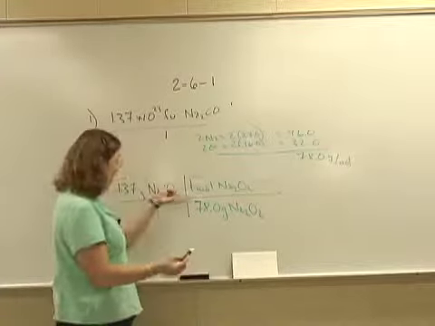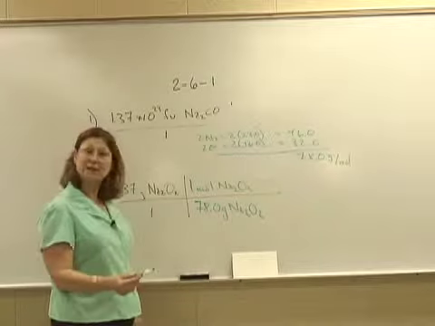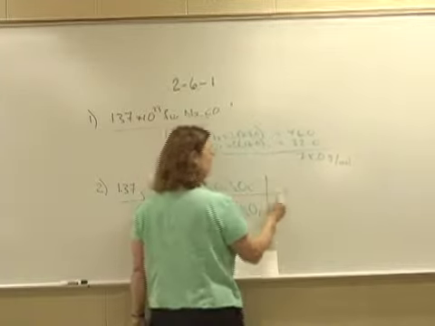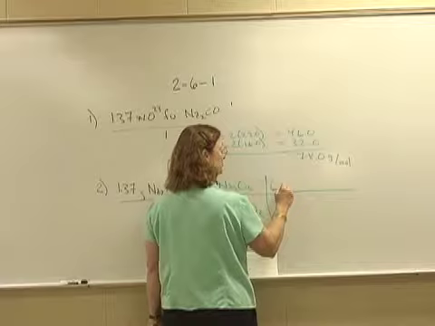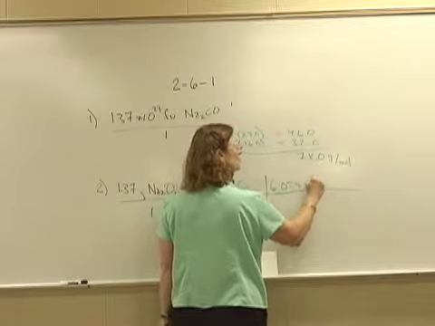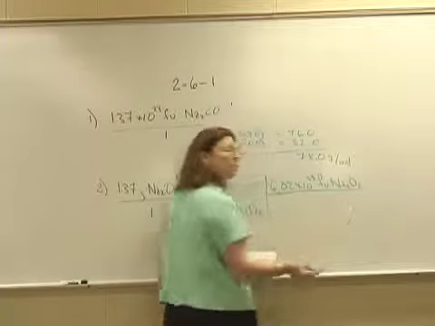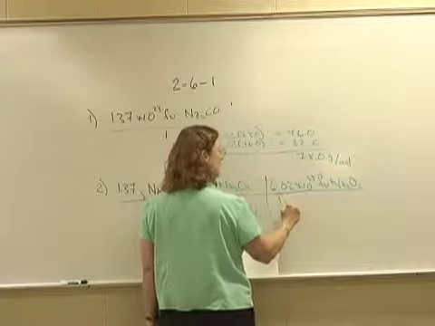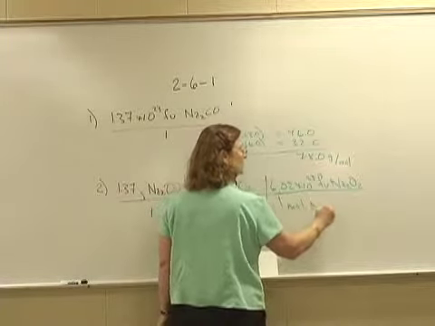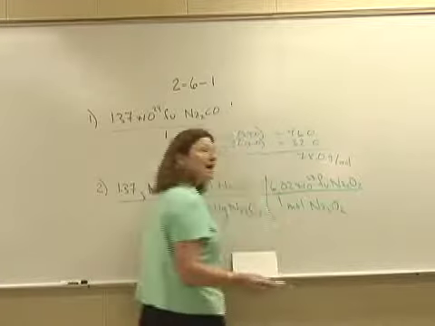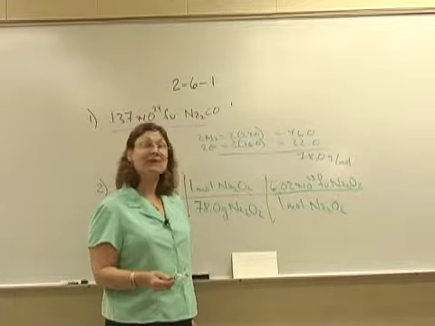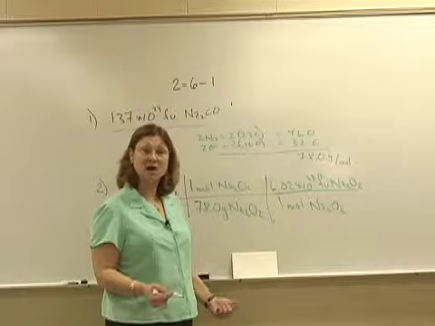Now, once I get to mole central, I can go to my formula units. And there are 6.02 times 10 to the 23rd formula units of sodium peroxide in 1 mole of sodium peroxide. Now, this has 1 extra step because it's asking for the atoms of oxygen.